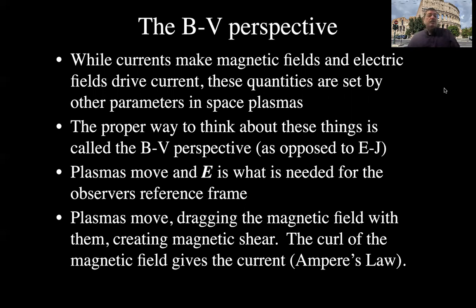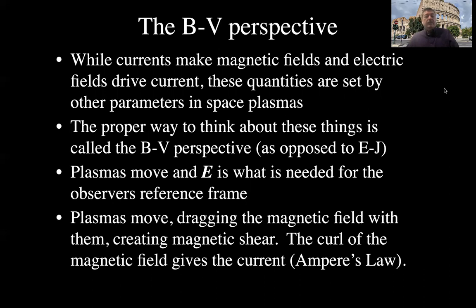And then the electric field is just what's needed in the observer's frame of reference to account for that motion. Because if I see a plasma and magnetic field moving past me, then I see that motional electric field. If I'm in the frame of reference of the plasma, if I'm moving with the plasma, I don't see the electric field. And so electric fields are completely dependent on your frame of reference in motion. And so the plasmas will move, and they're dragging the magnetic field with them. So that creates the magnetic shear, that creates the structure of the magnetic field.